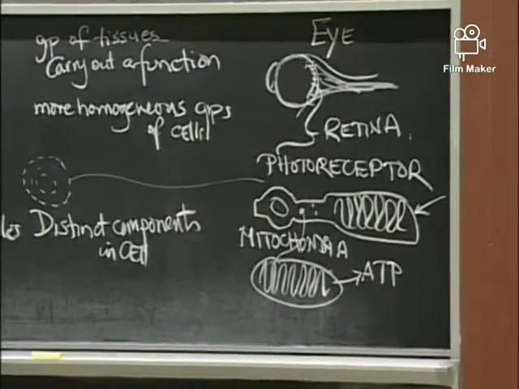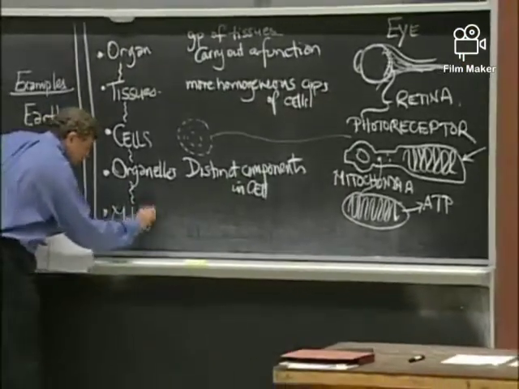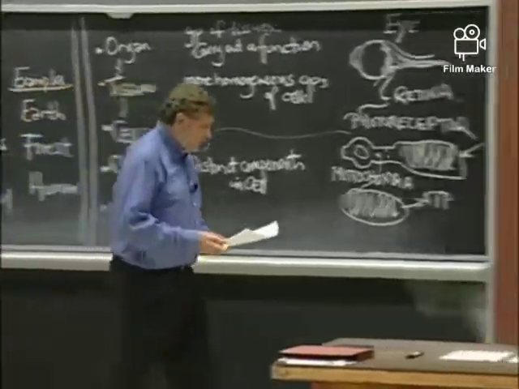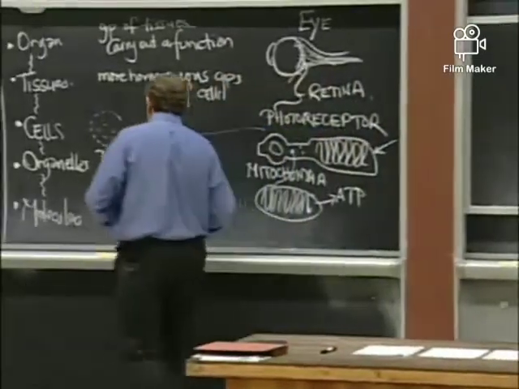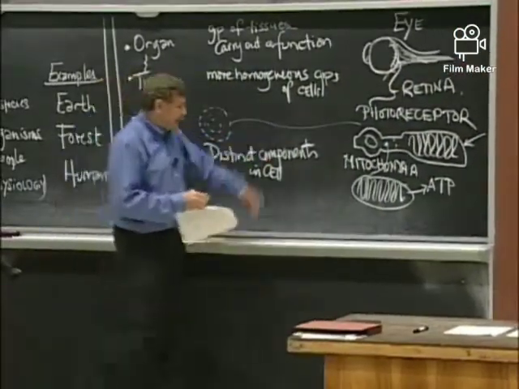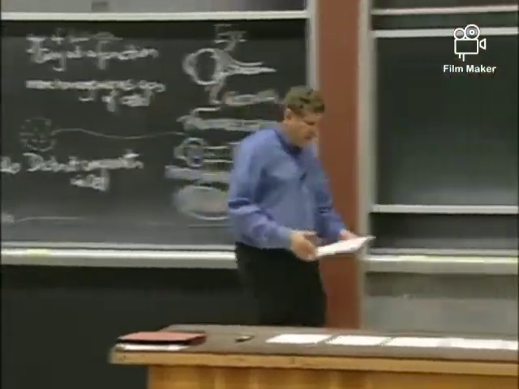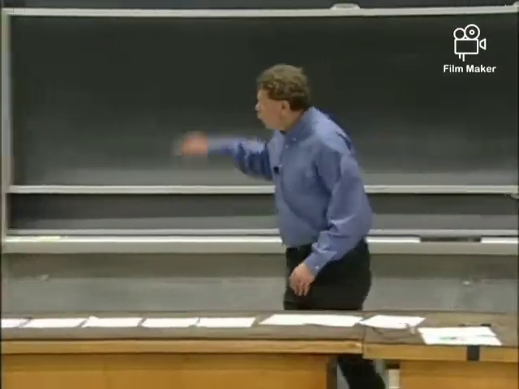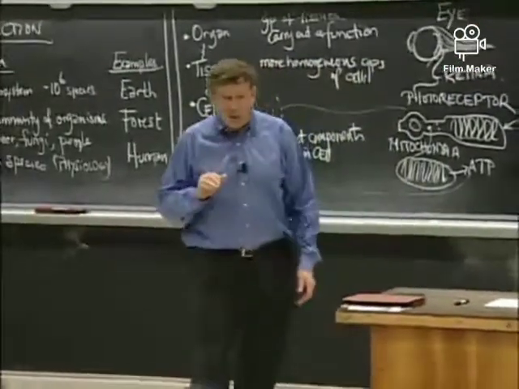And then finally, we have molecules. These molecules, a wide variety of different molecules in the cell, sugars and DNAs, but I'll say ATP will be our example here, molecules. So if you think about it, we have sets of levels of organization, all the way up there from biospheres to ecosystems to organisms to organs to tissues to cells to organelles to molecules.